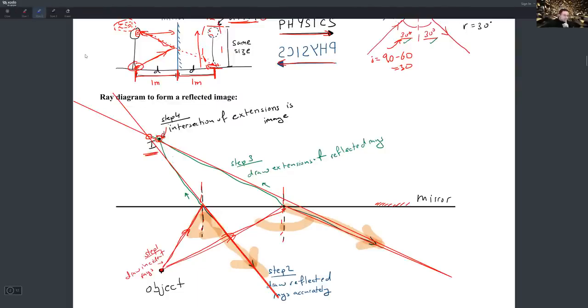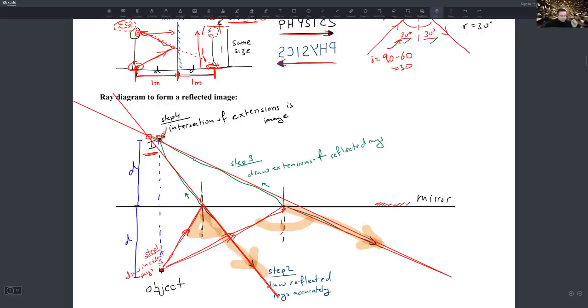And if you've drawn correctly, if your diagrams are accurate, the image and the object will be in front of each other. The distance between the image and the mirror and the object and the mirror will be equal. Okay? That's how you draw the ray diagram for a reflected image, to find the image.